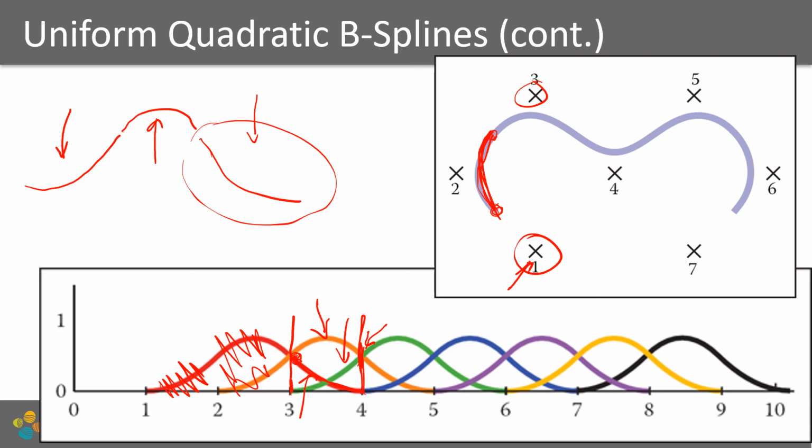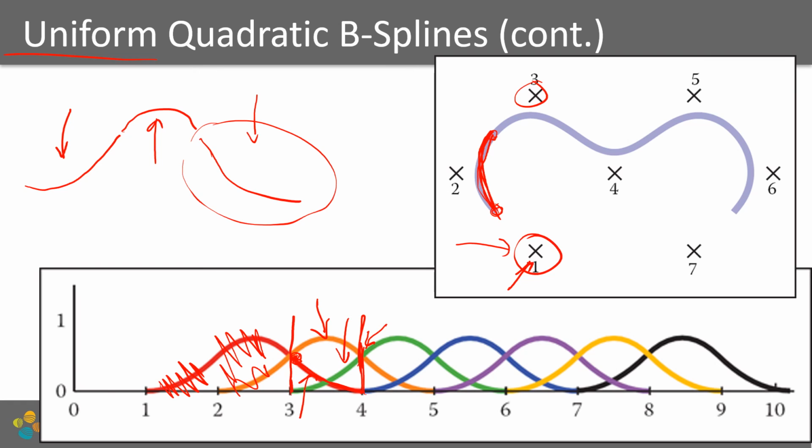And so on. And we can see that our uniform quadratic B-spline is actually not starting from the first point. We can hack it in such a way that it will start from the first point in case we add some control points, some knots before. We will be multiplying the knots, but we will be talking about that in a moment.